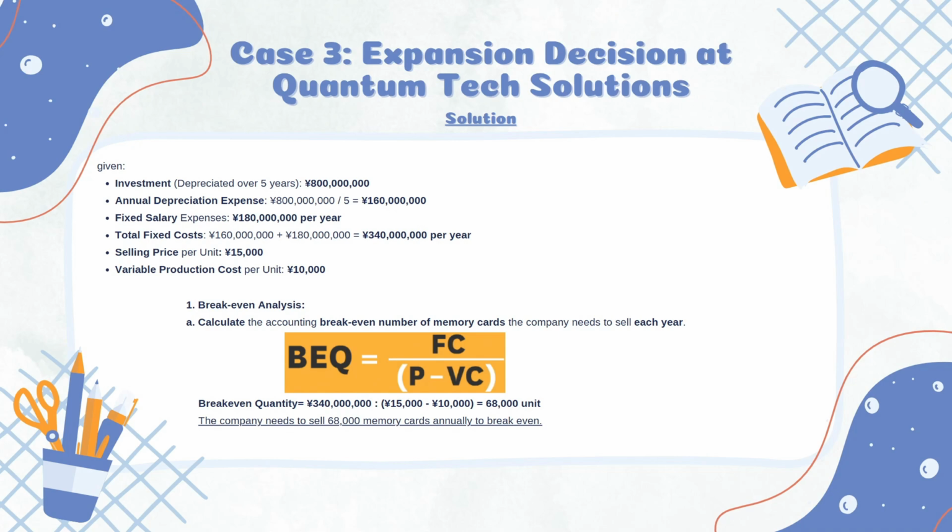So the break-even quantity is 340 million divided by 15,000 minus 10,000, which equals 68,000 units each year. So the company needs to sell 68,000 memory cards annually to break even.